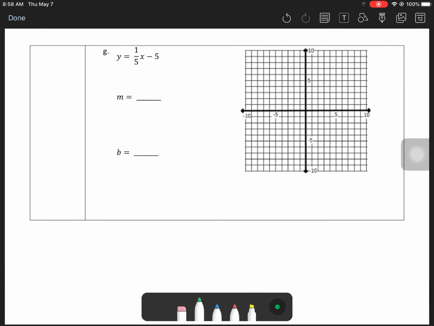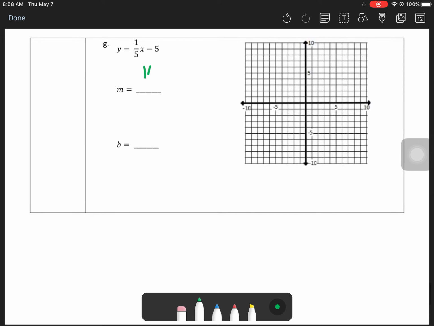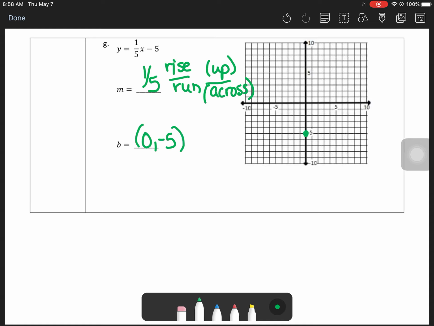All right, last one, the slope. The number in front of the x is our rise over our run. We're going to go up because it's positive 1 box and across 5 boxes to do our run. Our y-intercept is the -5, and that's where we're going to cross the y-axis.